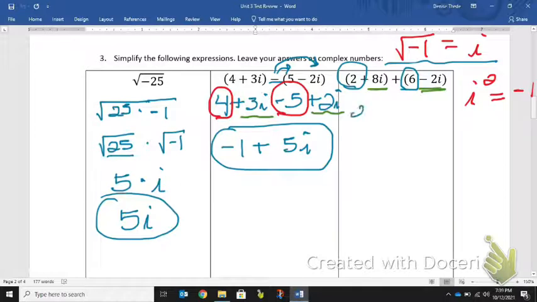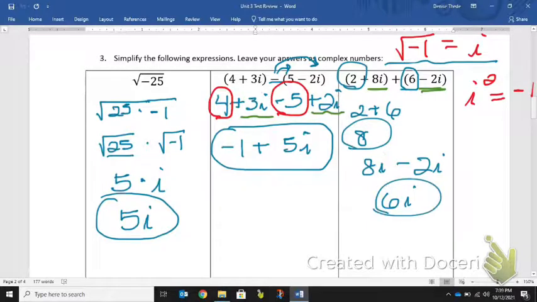So 2 plus 6, I can combine those and get 8. The 8i minus 2i is going to give me 6i. So combining the 8 and the 6i, I get 8 plus 6i. And that's my simplest form.